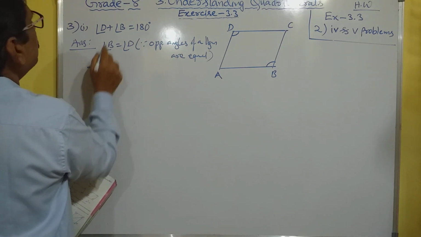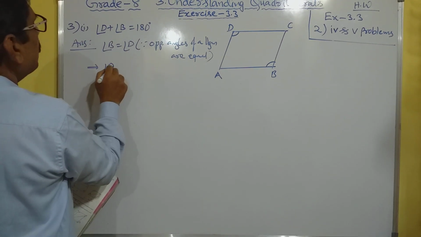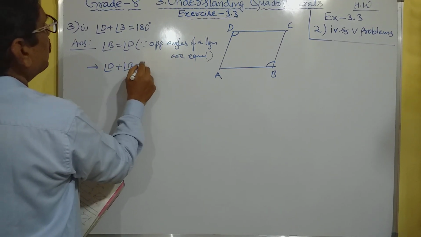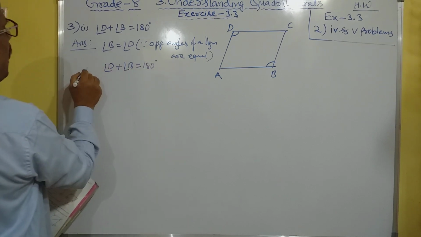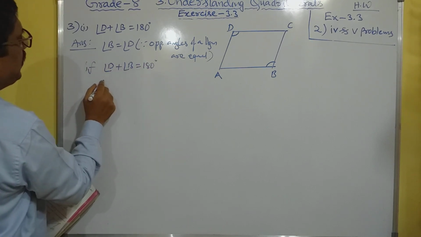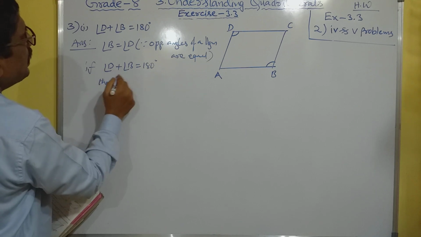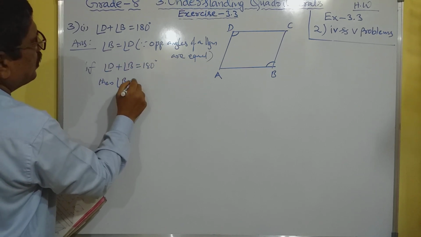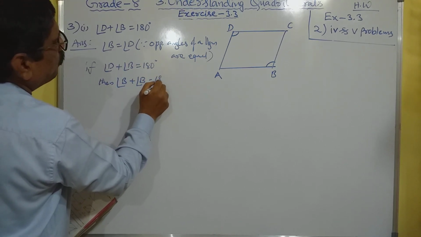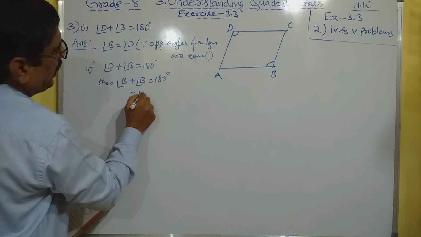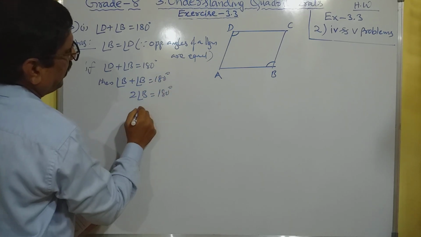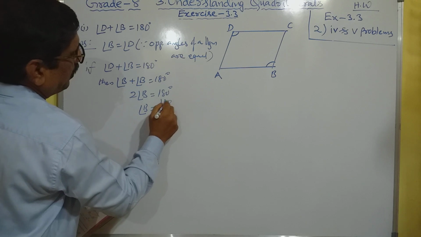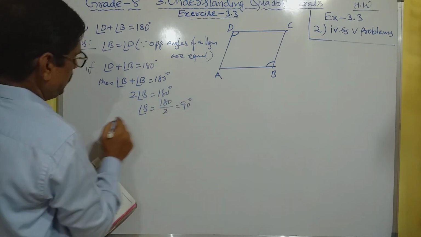So angle D plus angle B is 180 degrees, given. Since they are equal, we can write angle B plus angle B, 2 times angle B, is equal to 180. 180 by 2 is 90.